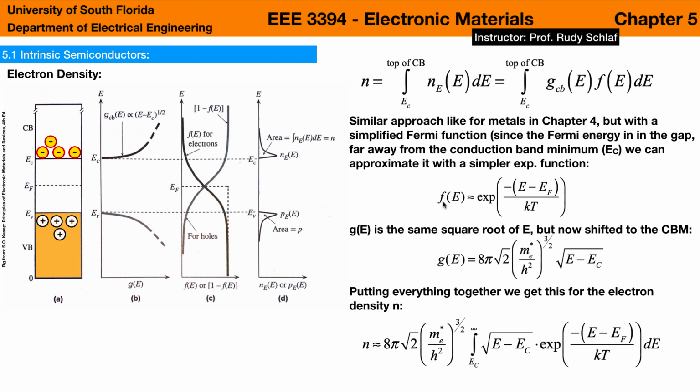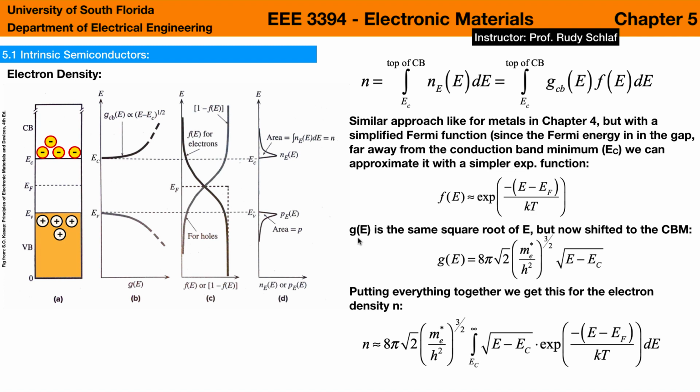And so we can say that the Fermi-Dirac function is approximated by an exponential function that just has the difference between the energy and the Fermi energy divided by kT in it.